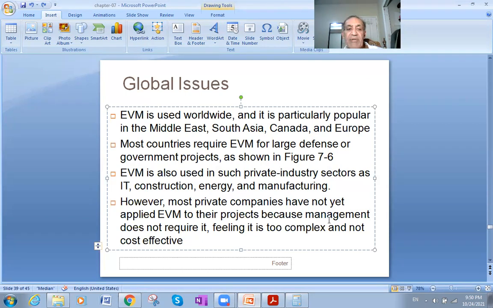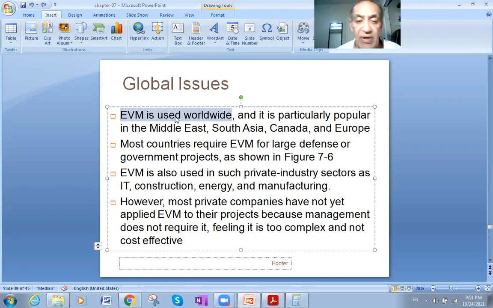Now let's talk about EVM and how it is used worldwide. EVM is used in the whole world. This method is used for estimating the costs of a project and for project control everywhere in the world.